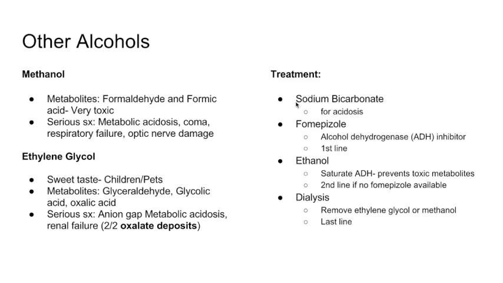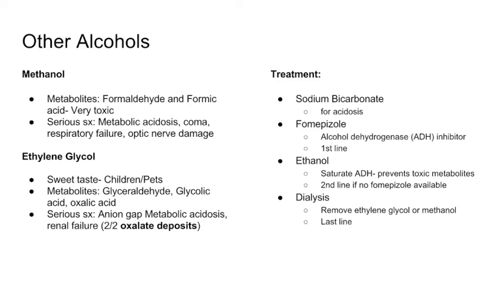Treatment for methanol and ethylene glycol, first is that you have to treat the acidosis. So you give sodium bicarbonate IV. The second thing that I would like you guys to be aware of is fomepizole. So how does fomepizole work? Fomepizole is an alcohol dehydrogenase inhibitor. And you're going to ask me, why do I want to inhibit alcohol dehydrogenase? Remember, the toxicity for the methanol and the ethylene glycol is from the metabolites.